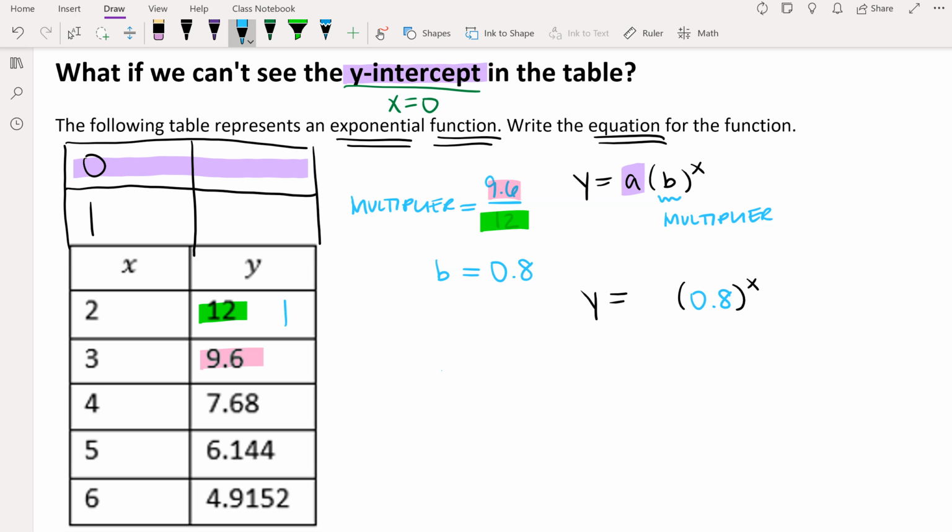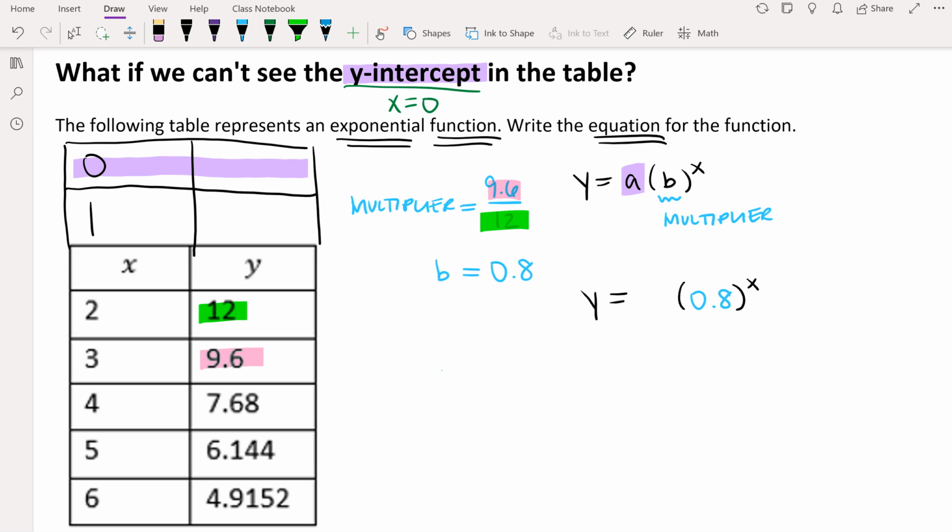Now, to find a, we kind of already talked about it. Y'all, we want to go backwards in our table to find a. We've got to get to here. This is what we're trying to get, this y value. So if I want to find that y value and I want to go backwards in my table, what operation do I do? Well, to go forwards in my table, I multiply. So to go backwards in my table, I'm going to divide. Divide by what? Divide by your multiplier.